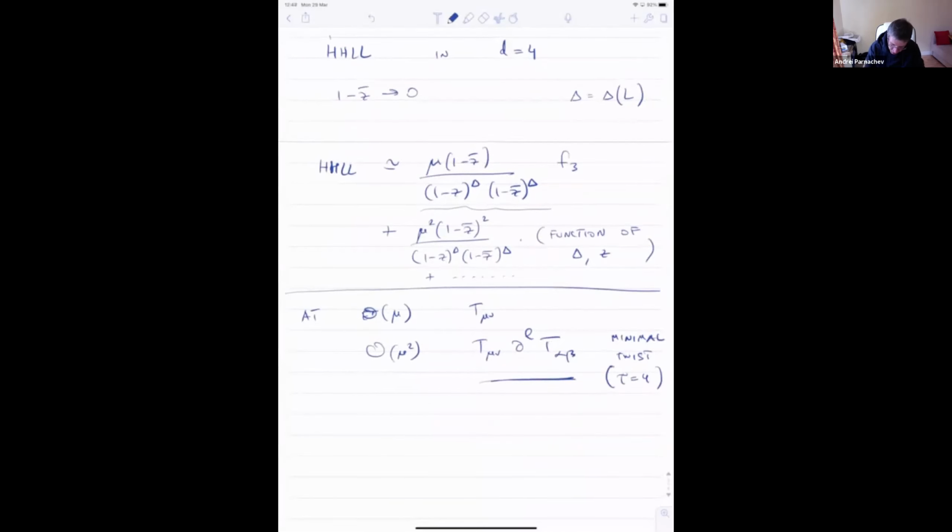However, we also have some other operators, which are also double stress tensors, but which no longer have minimal twist. I can have boxes here, I can contract some of these derivatives. These complicate your life because there are many of them, but this light cone limit allows us to throw them away.